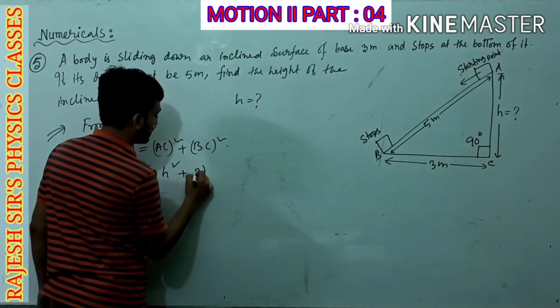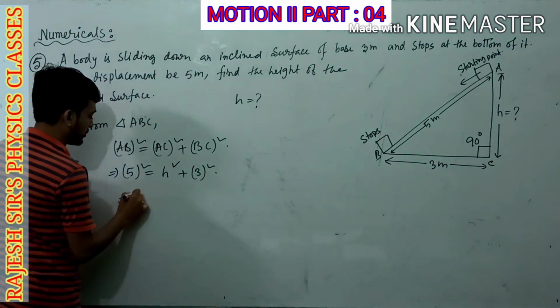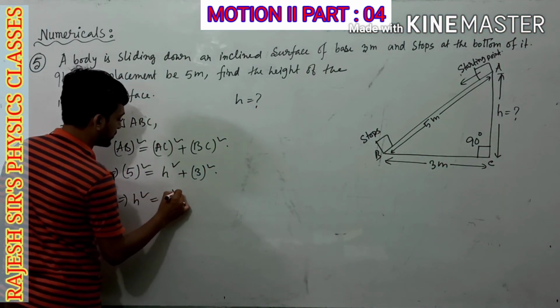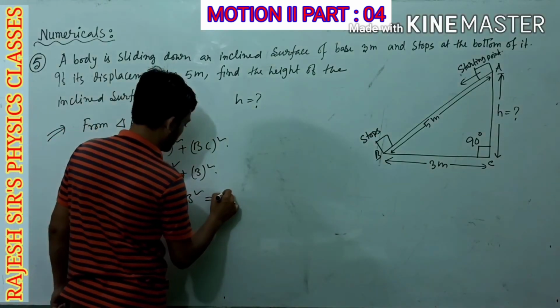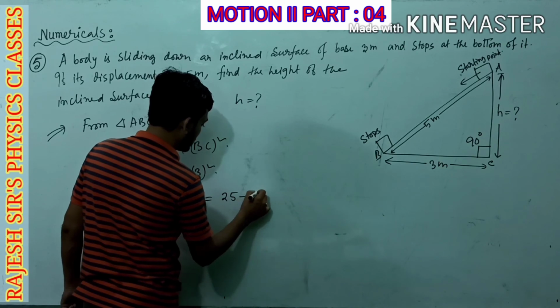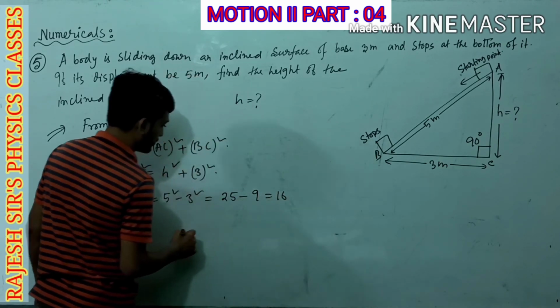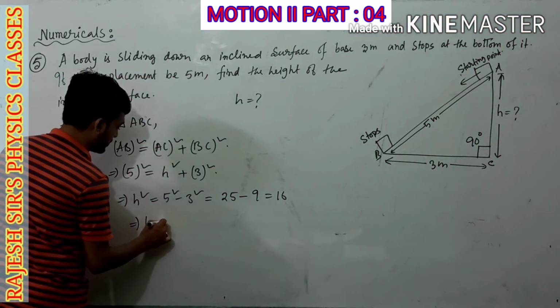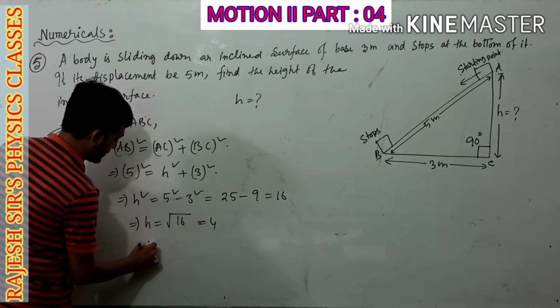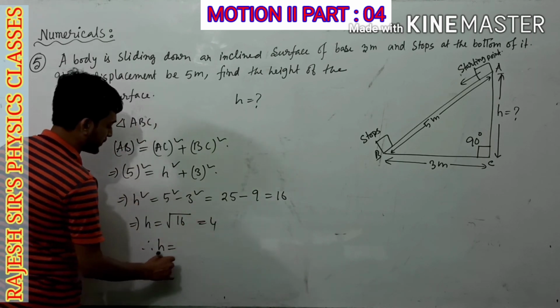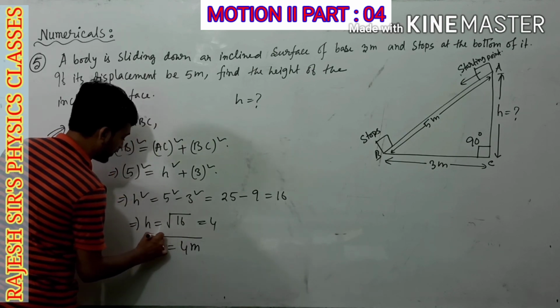And what is base? 3 square. So H square we are getting 5 square minus 3 square. So it will be 25 minus 9, that is equal to 16. H equal to square root of 16 implies 4. That means height of the inclined surface will be 4 meter.